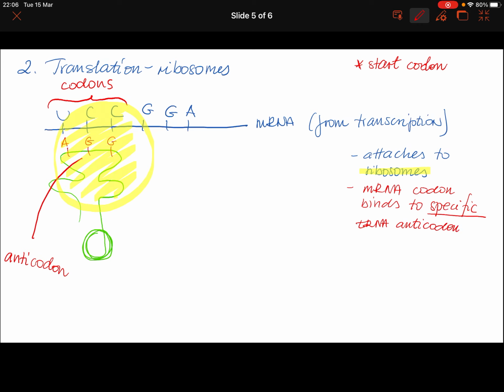So we've seen that formation of the complementary bases. Another thing that we are aware of is the fact that, of course, tRNA now will bring a specific amino acid.